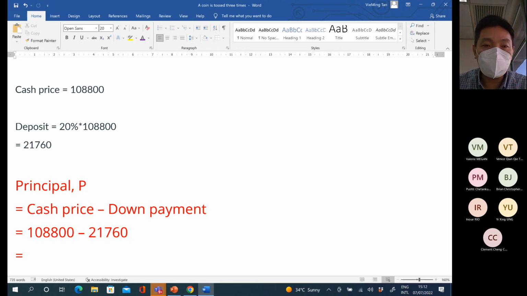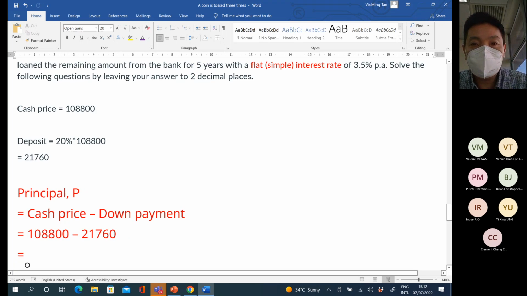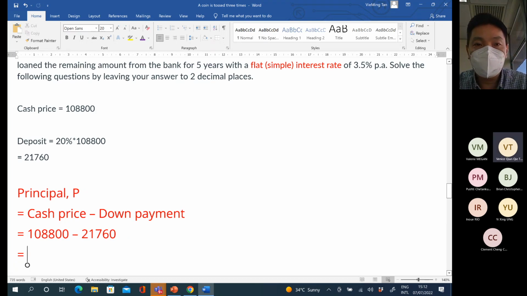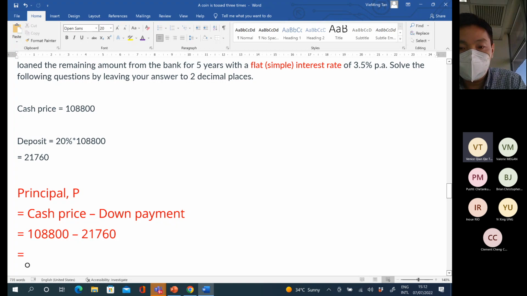Can somebody subtract these two numbers and get the value for the principal? What is the value? Anybody? 87,040.